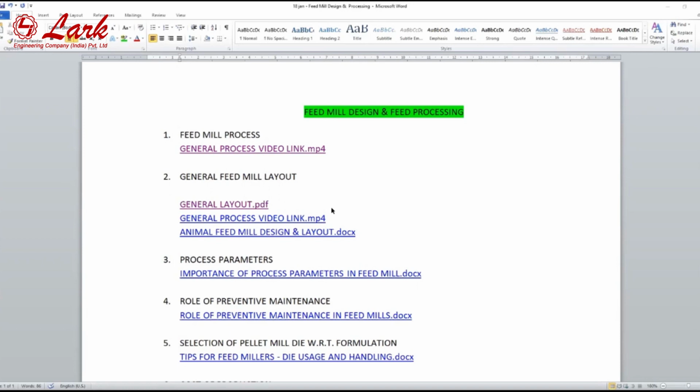So what will be the ideal size required to store these 7,000 metric ton of raw material? And generally feed millers store finished goods of 5 to 7 days maximum, around 500 to 700 metric ton of finished goods.